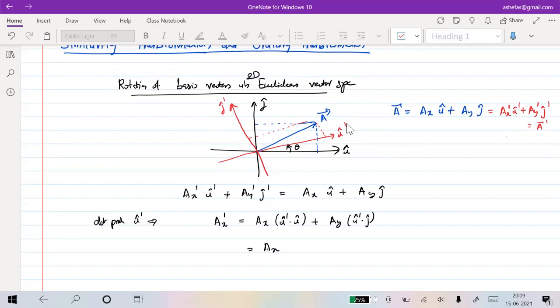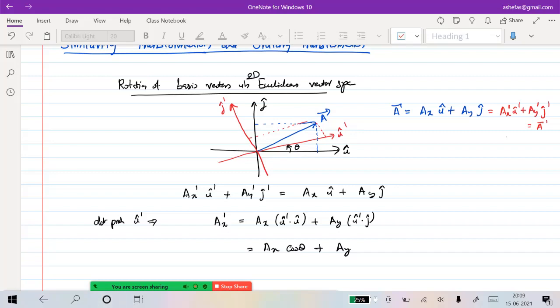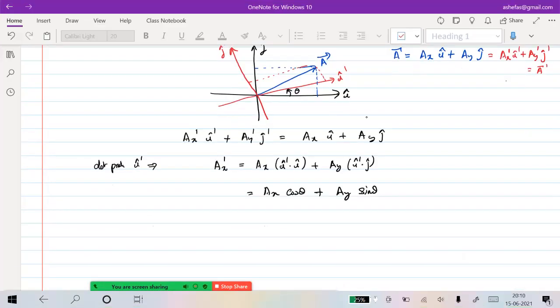The angle between i and i prime is theta. So this becomes Ax times cos theta plus Ay times cos of the angle between i prime and j, which is 90 minus theta. So cos of 90 minus theta is sine theta. Then Ax prime is that.